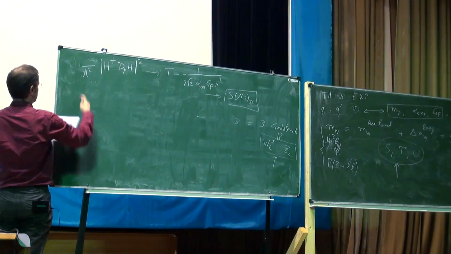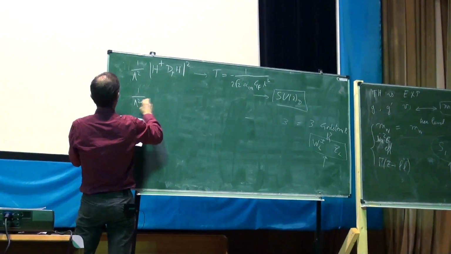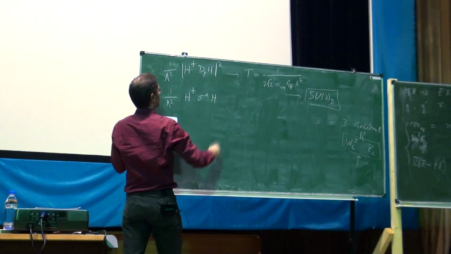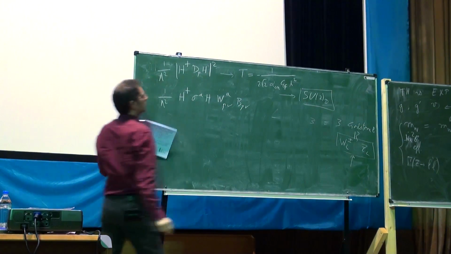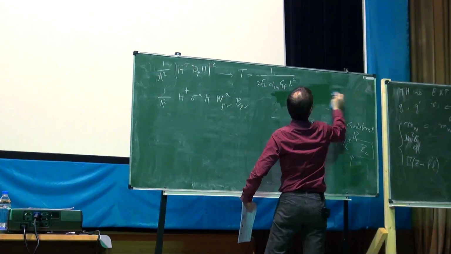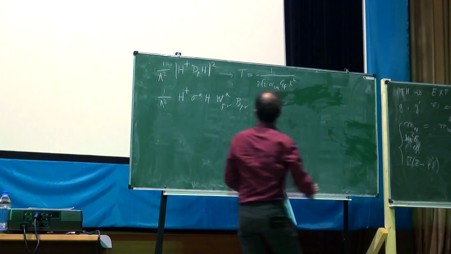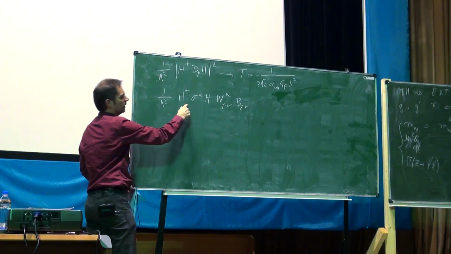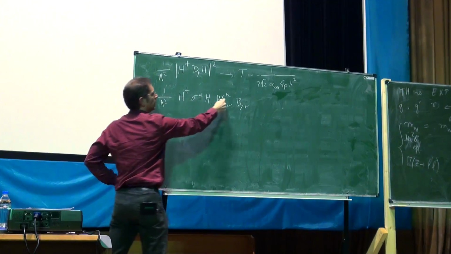And there is another one that contributes to the S oblique parameter. This is 1 over lambda squared, H dagger sigma A H, W mu nu A, and B mu nu. And this contributes to the S oblique parameter. In the unitary gauge, this is non-vanishing only if A is equal to 3.